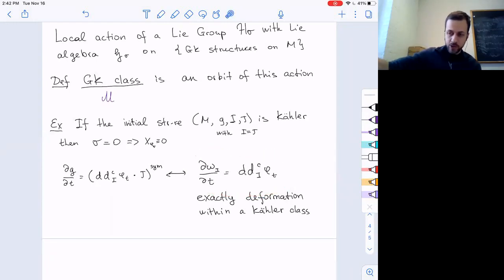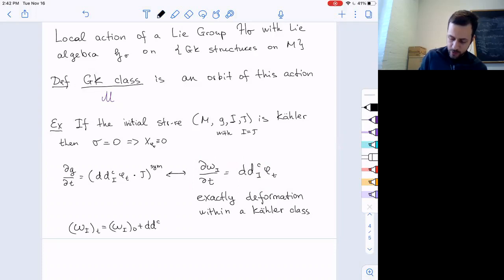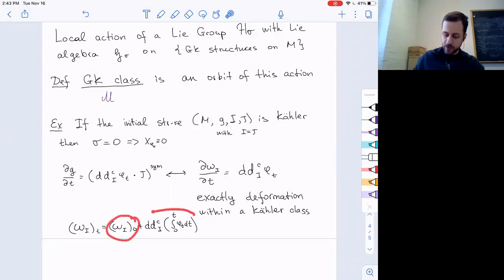If you actually have a one parameter family of such functions and you apply this one parameter family of diffeomorphisms, then what you get at some time t is actually your initial metric at time 0 plus dd^c of the integral from 0 to t of phi_t dt. So again, this is exactly the way we describe it. You take your initial metric and you add dd^c of a smooth function. So at least it makes sense in the Kähler case.